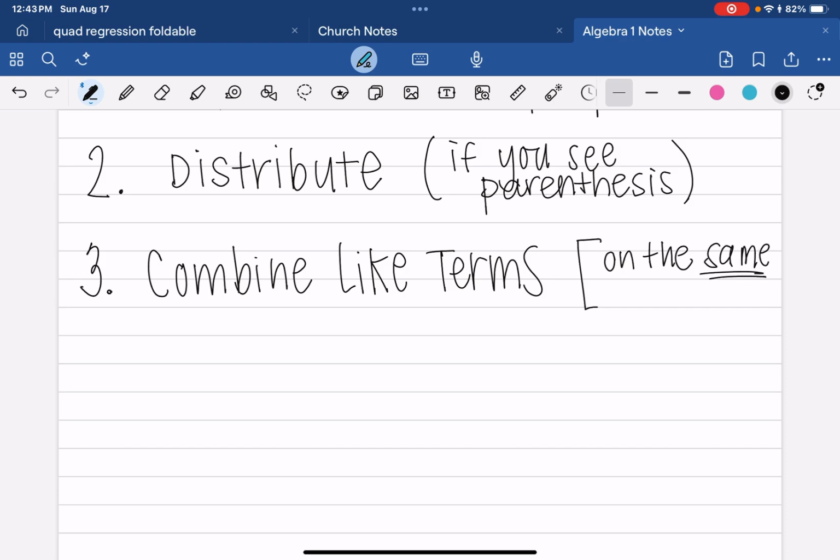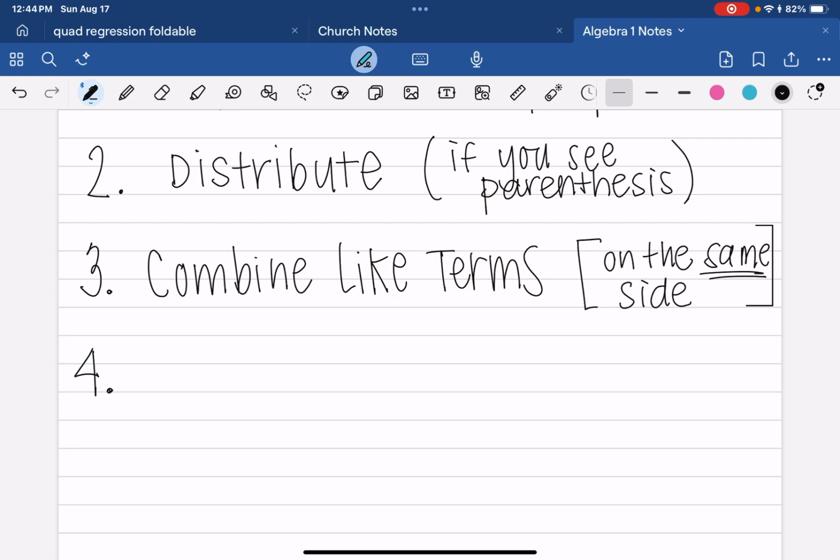This is why you draw your line, by the way, to separate the left and the right side, because then it lets you know, hey, everything over here belongs to the left side, everything over there belongs to the right side. So I'm going to combine my like terms on the same side of the equation. So steps 1, 2, and 3, guys, are all separate sides. Left side, I'm going to distribute and combine like terms. Right side, I'm going to distribute and combine like terms.